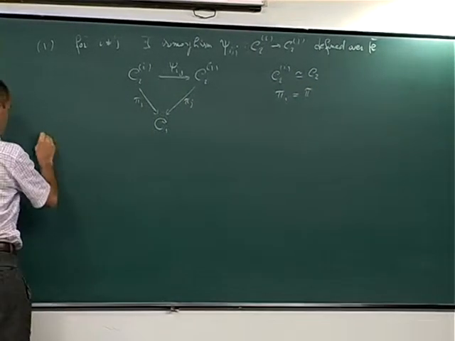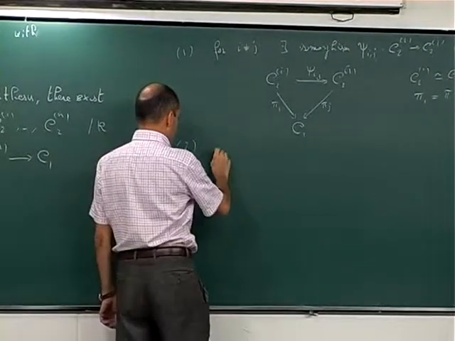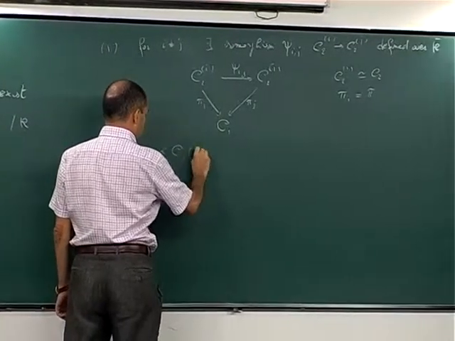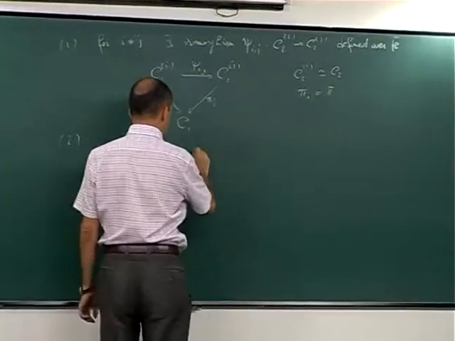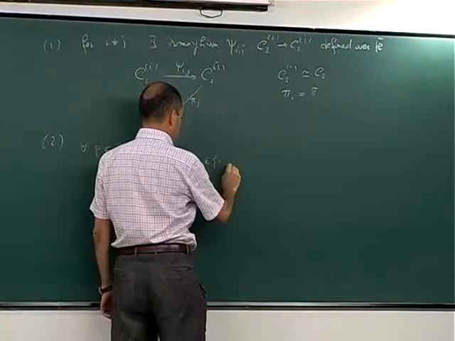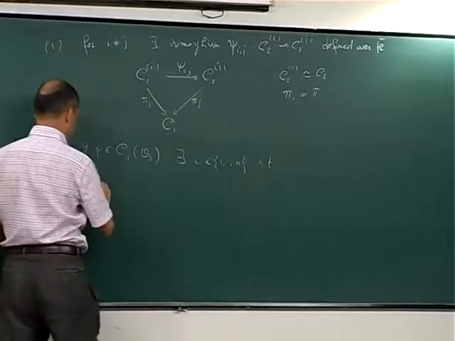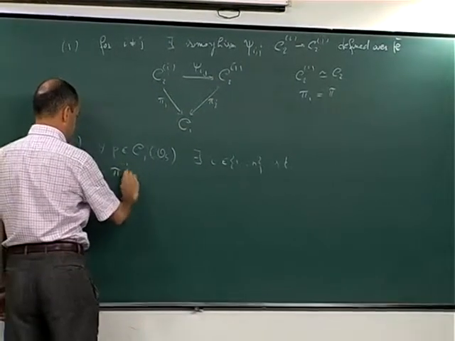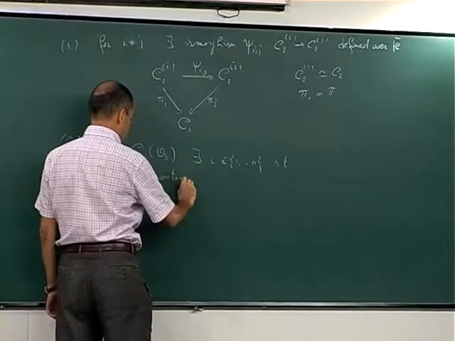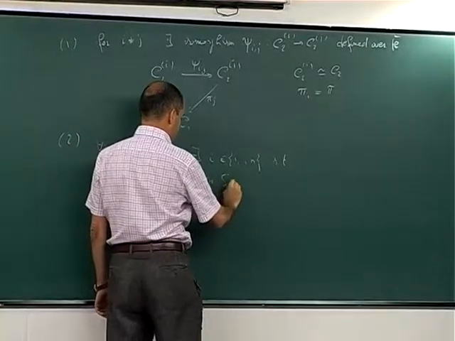And the second thing is that for each S-integral point of C1, there exists at least one index i, from 1 to n, such that the preimage contains an S-integral point.